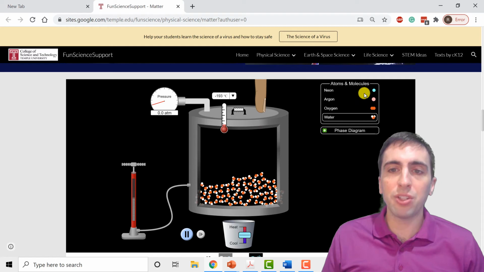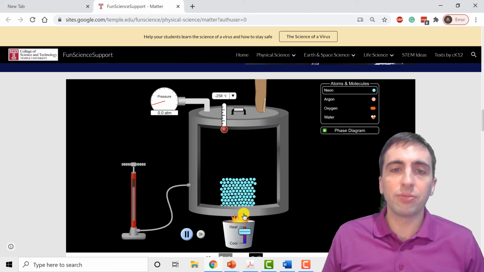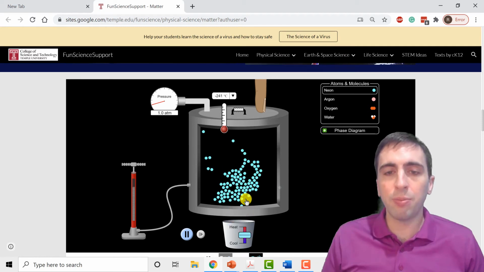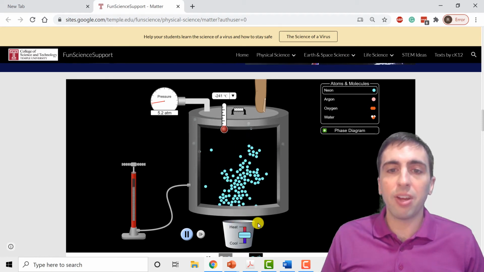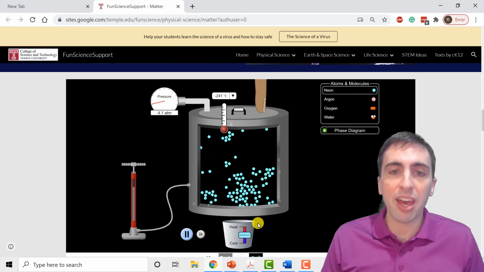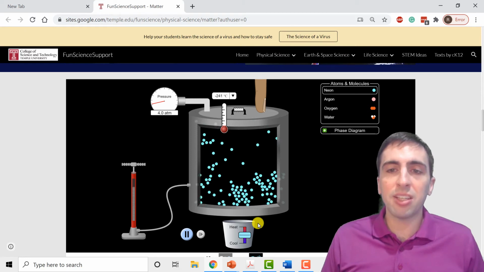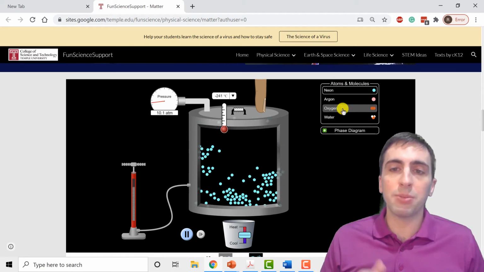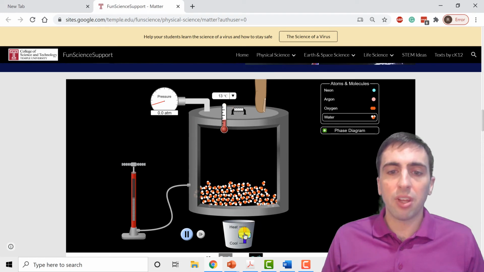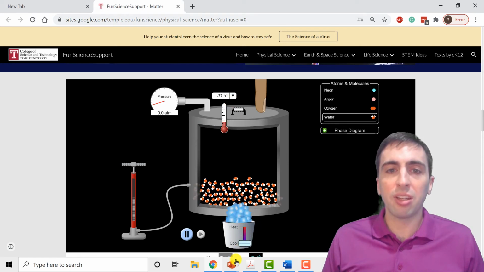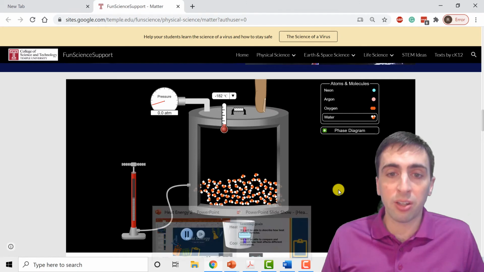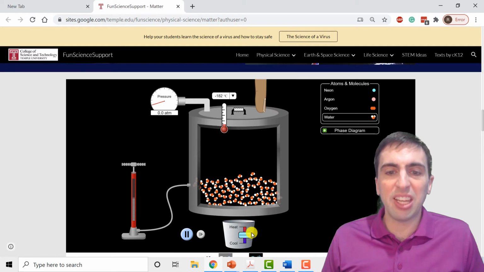But at this same temperature, neon, even colder, only needs a little bit of energy. Wow. And it's already moving around looking like a gas. So I can see that some substances need more energy. They need more energy before the particles start moving. So water needs a lot more heat energy.